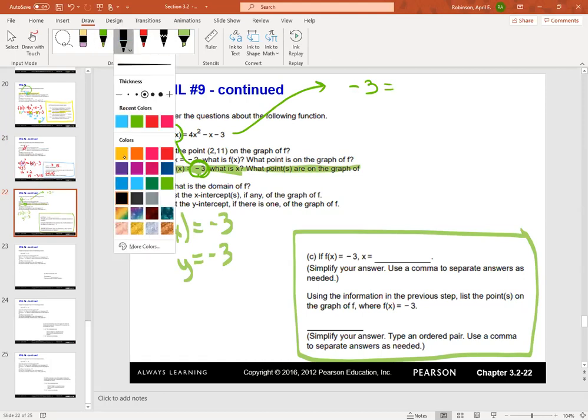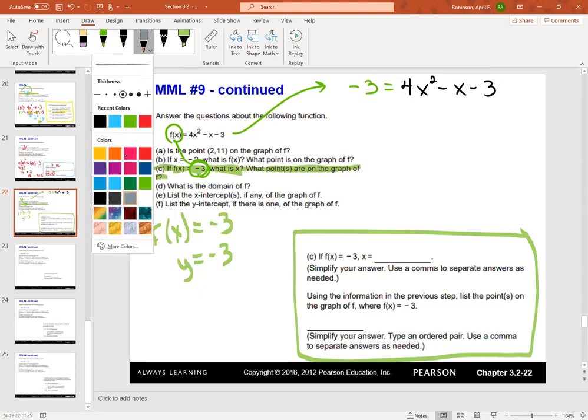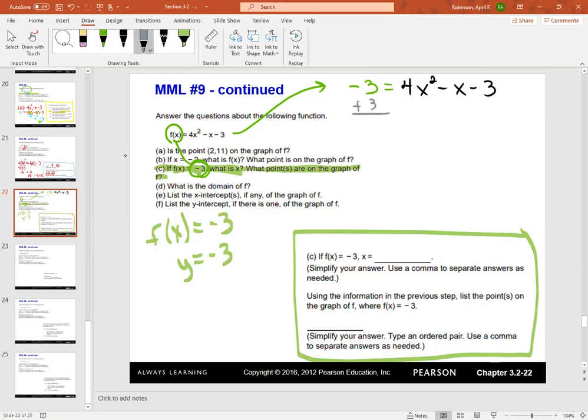And that's going to equal 4x squared minus x minus 3. And I have to solve for x. That's a quadratic. I got to set it equal to 0. Pray that it factors. So I'm going to add 3 to both sides. Oh, cool.